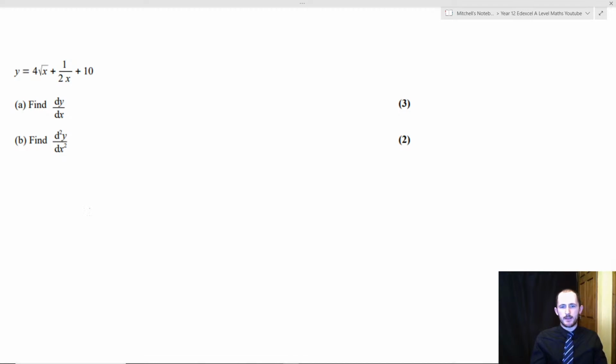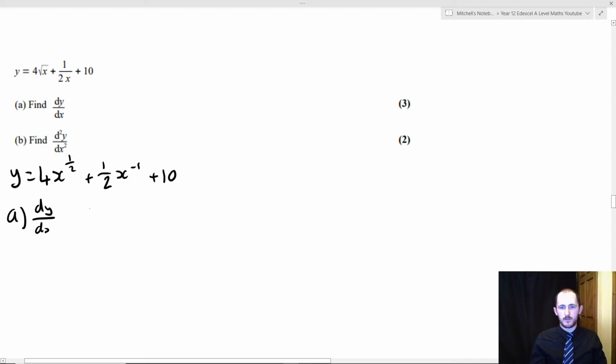So again, let's write this out in terms of indices. So when you have a square root of a number, that just means the number to the power of half, plus, this might be a bit tricky, but a half x to the minus 1 plus 10. So then for part A we're finding dy by dx, bring the half to the front, so we have 4 times a half plus a half times minus 1 x to the minus 2.